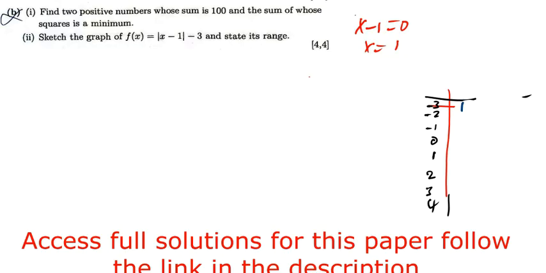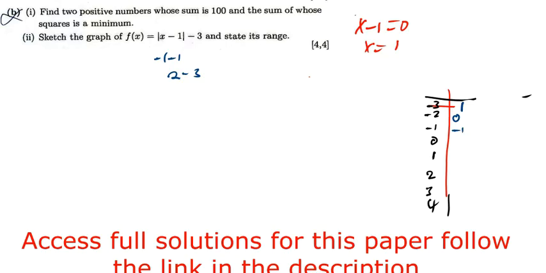If I put -1, it's -1 minus 1 which is -2, the modulus is 2, so 2 minus 3 is -1.